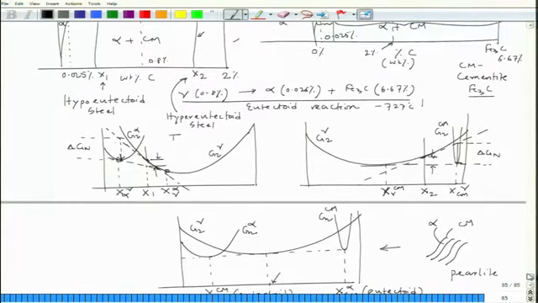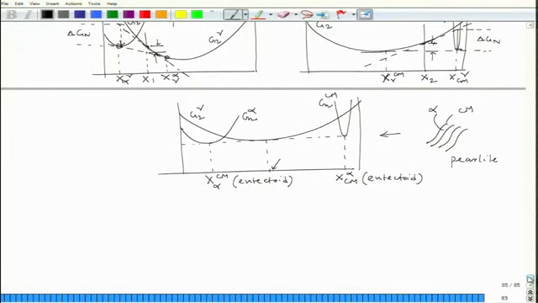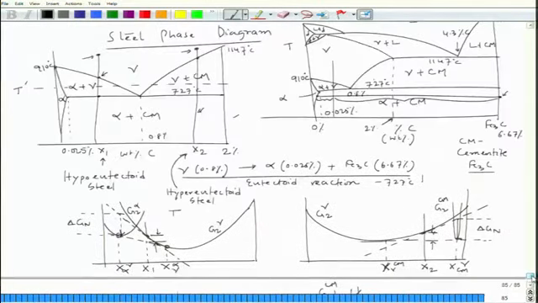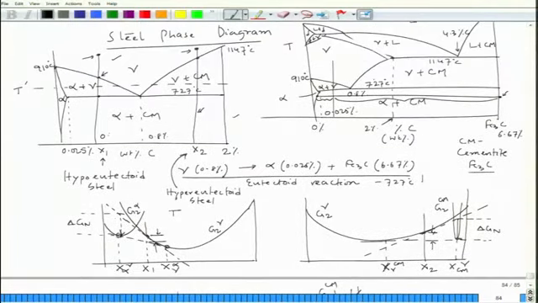Now, we know that these phases appear, but let us look at their microstructure evolution. If I go by this phase diagram, and this composition is, let us say, 0.3% carbon, then I draw different points: this is one point, this is another point, and this is another point.